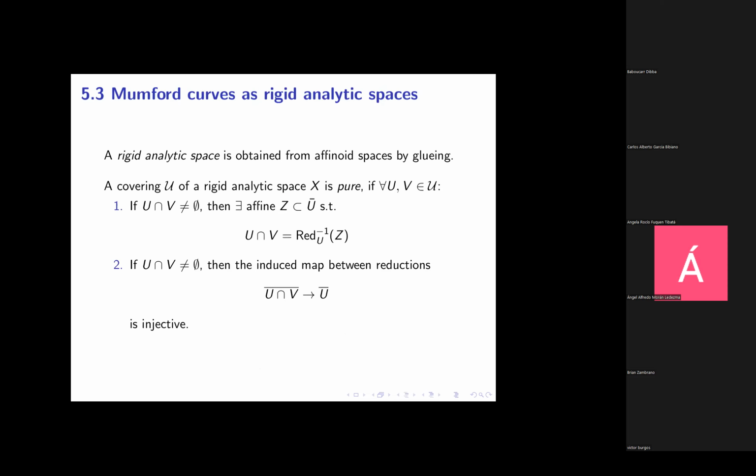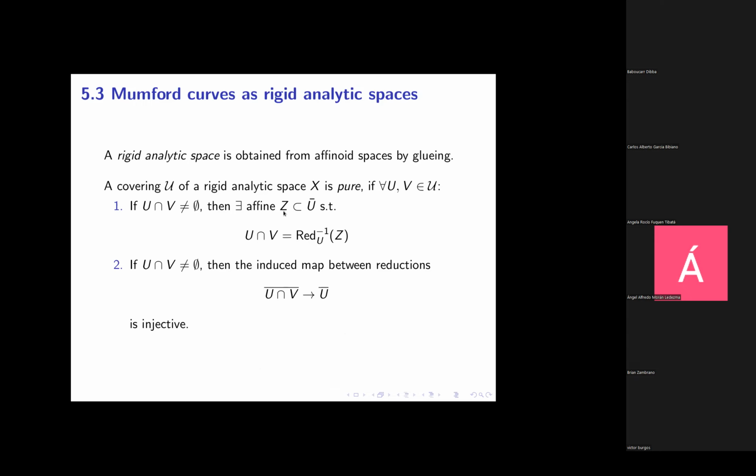Now, as I said before, a rigid analytic space is obtained from affinoid spaces by gluing them. And you could do this by taking coverings of such a rigid analytic space, but you need to have them pure. Pure means that you have two patches and they intersect. So you want affine things to be corresponding.